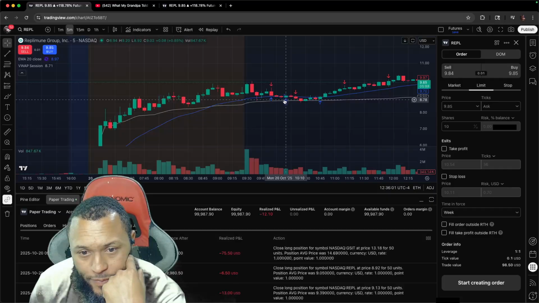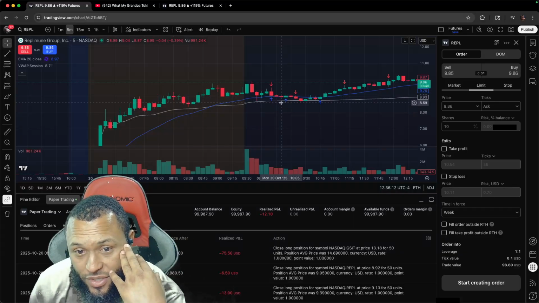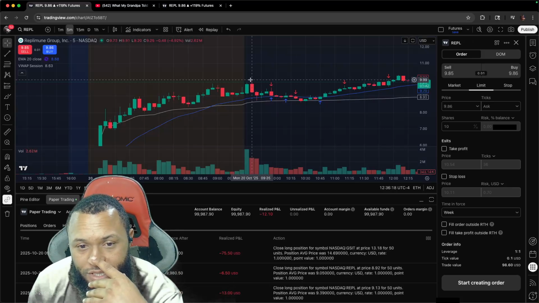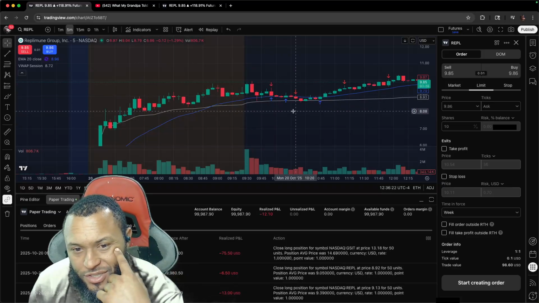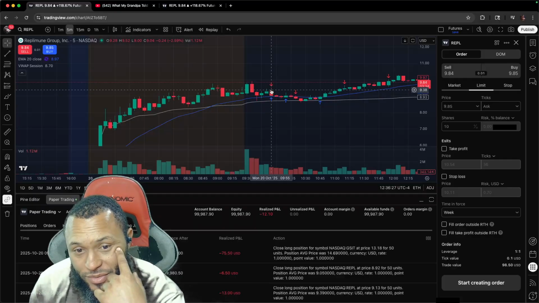But after this, now we have a higher low at least, and it's narrow range. So the RR on this type of trade is really good. But we're still technically downtrending because we have lower low, lower high. So I still shouldn't have taken the trade, but I do like this one a lot better than whatever this was right here.